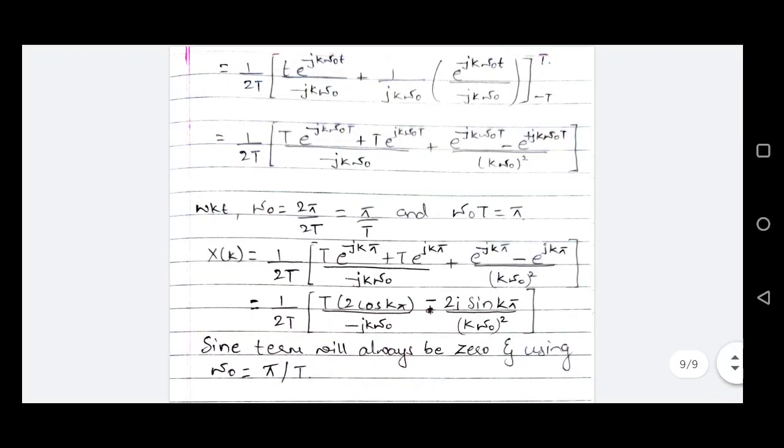And the fundamental frequency omega naught will be given by 2 pi divided by 2T, which equals pi divided by T. So omega naught times T will equal pi.